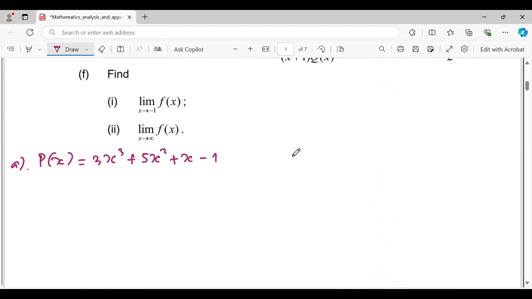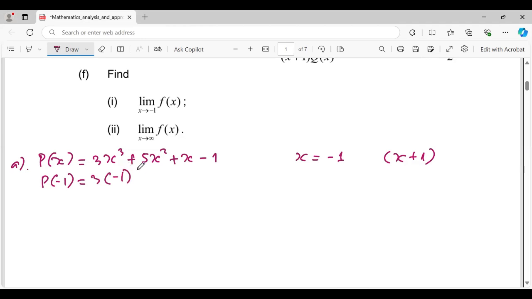We substitute x equals minus 1 into p(x) because we will figure out that x plus 1 is a factor of this function p(x).